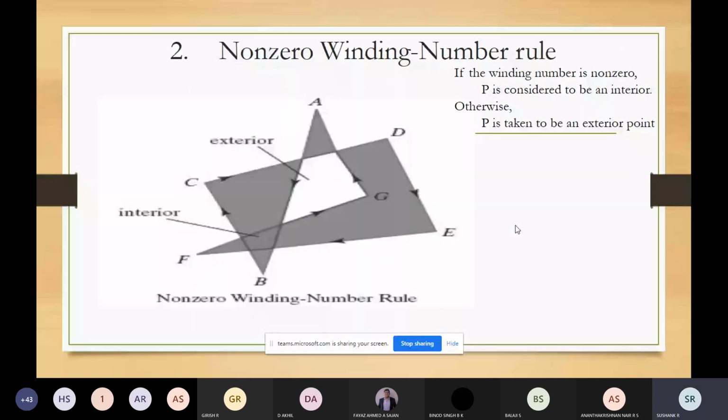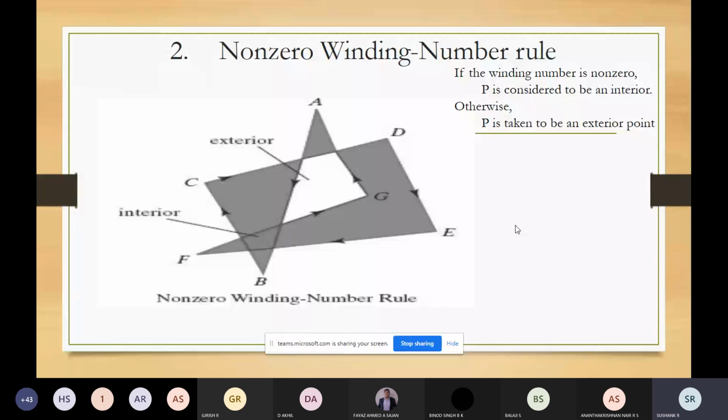Why the name non-zero winding number rule? This will count the number of times that the boundary of an object winds around a particular point in the anti-clockwise direction, which is known as the winding number.